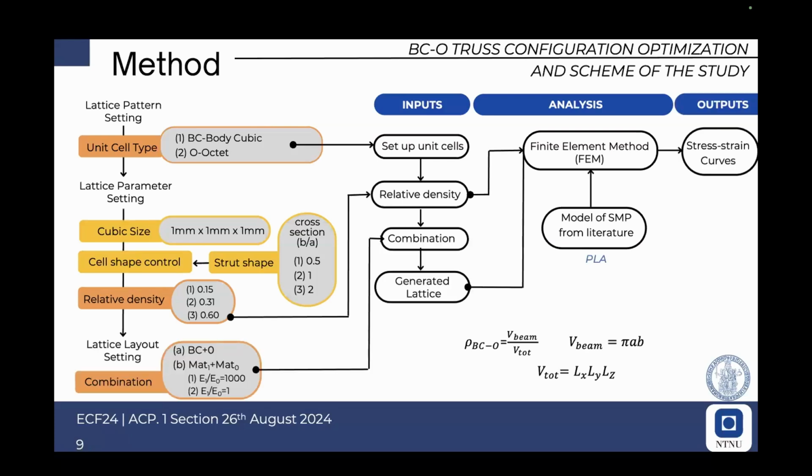In fact, the set of combinations that we evaluated were created by the 2 different topologies combined together, plus 2 different materials. And we analyzed how the decay changes the mechanical property, analyzing 2 different stiffness ratios, A1 over A0 equal to 1 and equal to 1000.